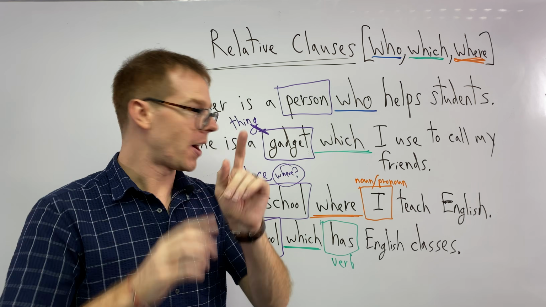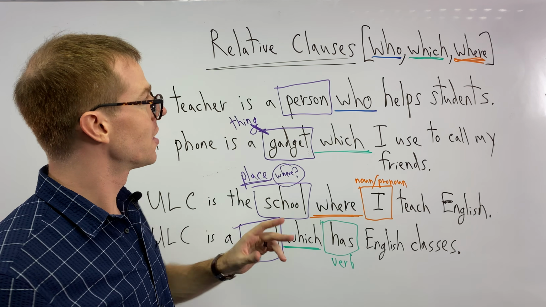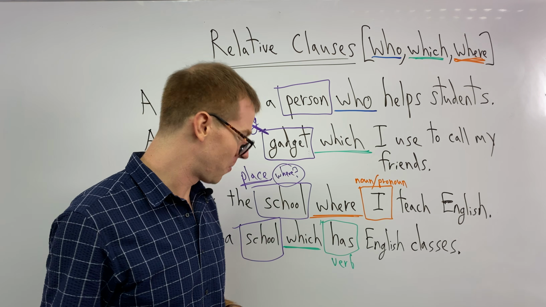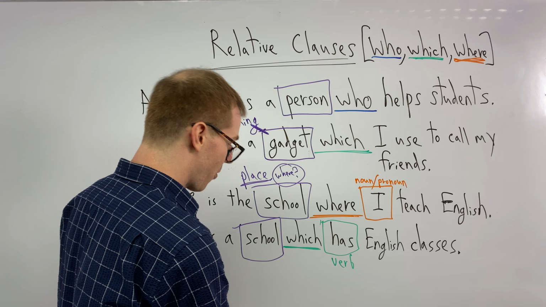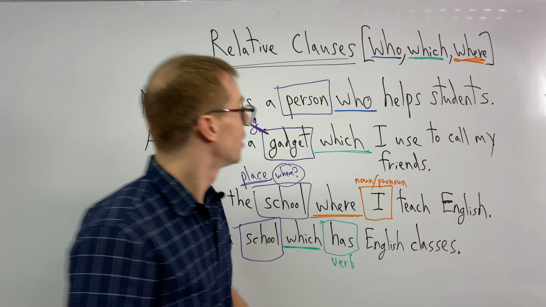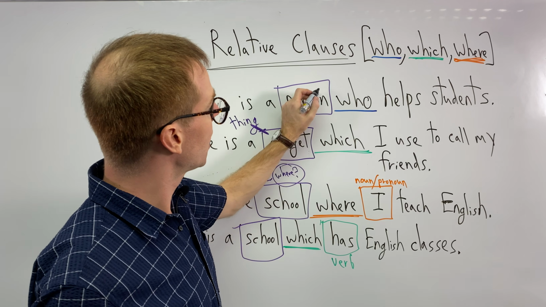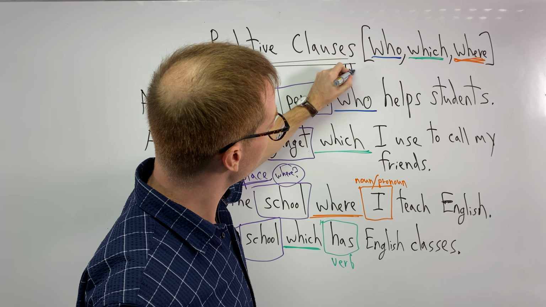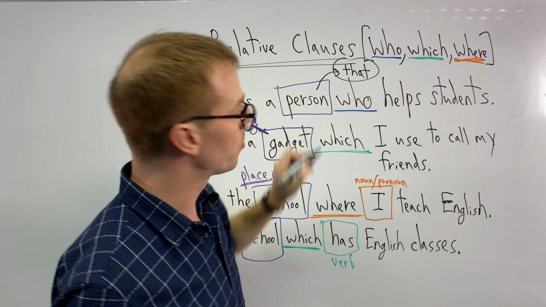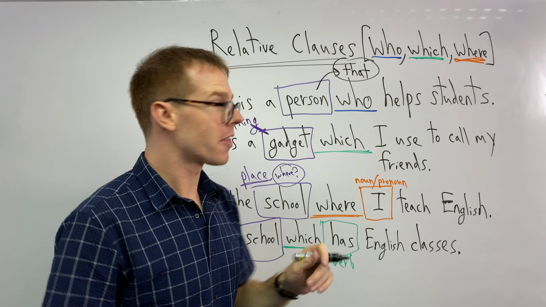Okay, so now guys, finally one more thing. I know some of you, maybe you've learned this before, and you know that the word who, we don't always have to use the word who, right? We could say a person that helps students. That is fine.